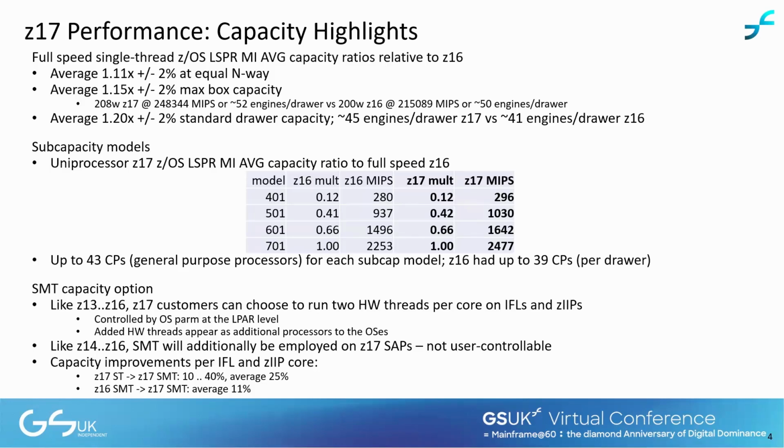The other way to look at it is I already have it on Z16 and I'm just going to Z17 and I intend to leave it on. When you do that, the average throughput just tends to track with the single thread, which we say at the very top of the page is 11%. So whether it's running 1 thread or 2 threads, the average improvement will be the same, about 11%.